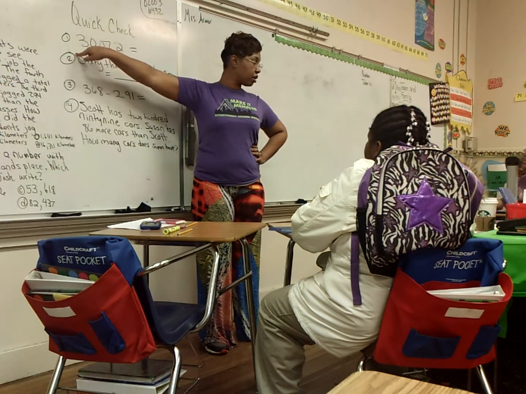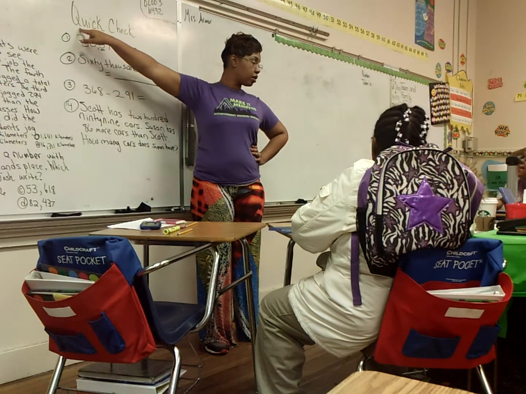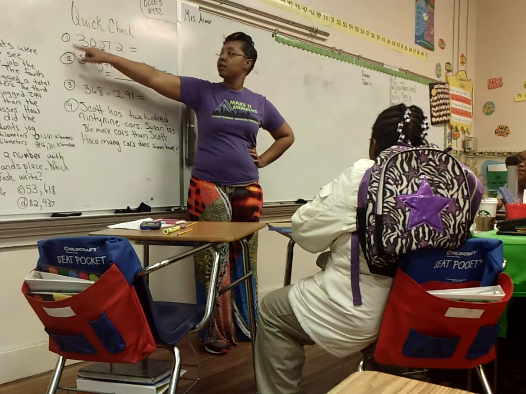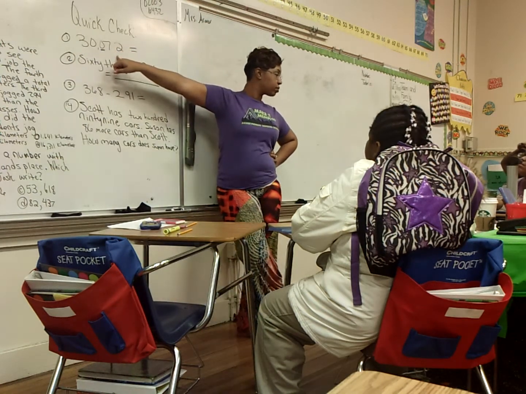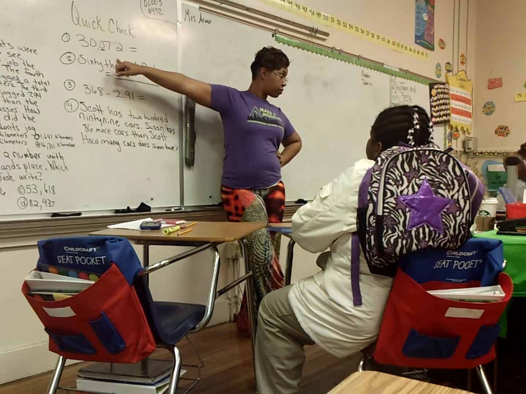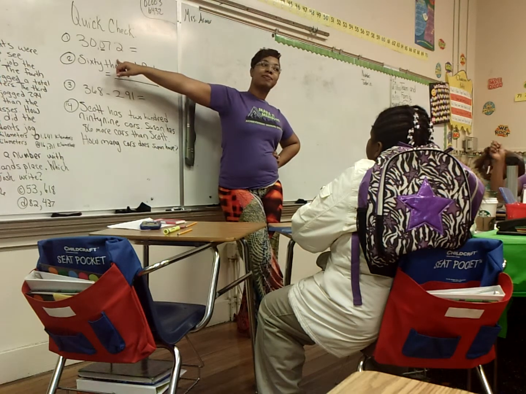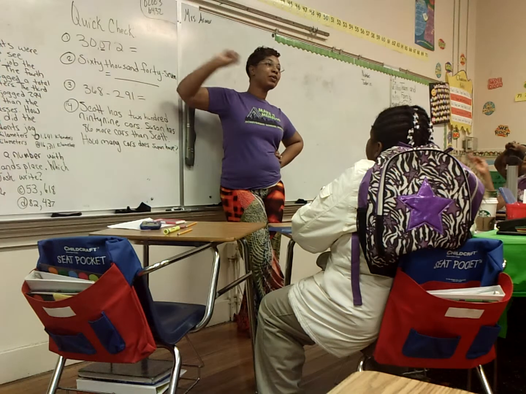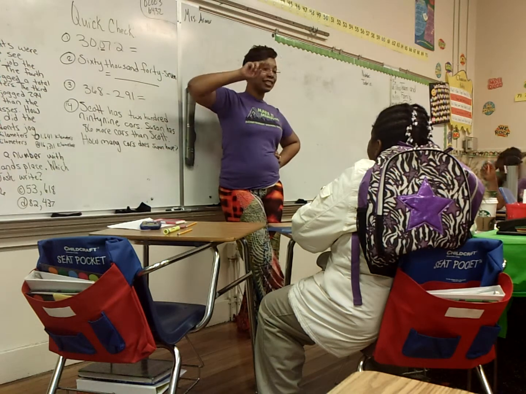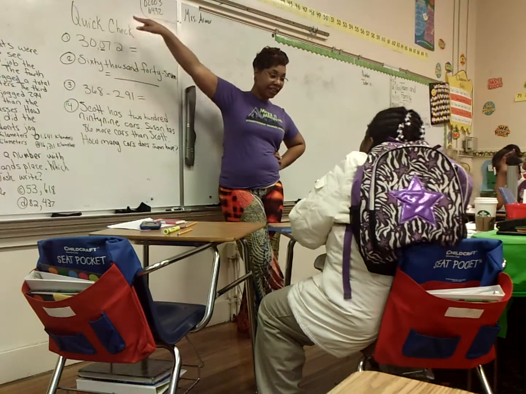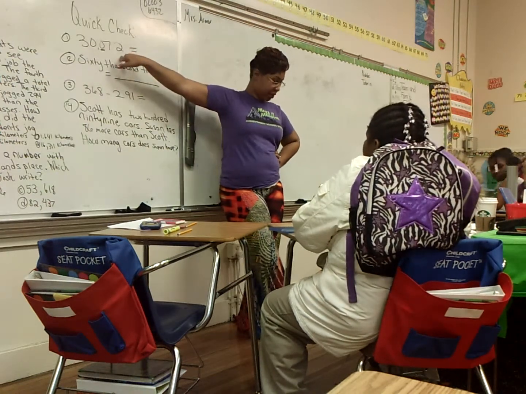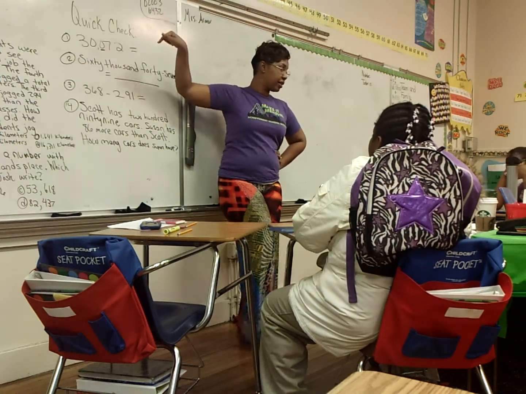What are you gonna say? The number and the place. Again. The number and the place. So what's the value of this digit? What did we just say? You're gonna say 2 things. 2 ones. You're gonna say the number and the place.